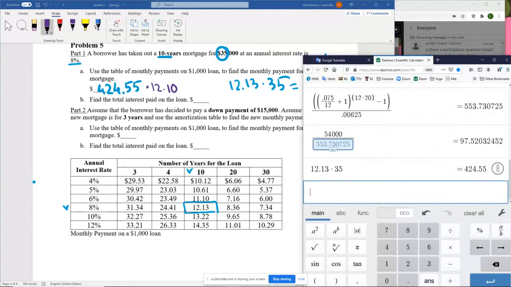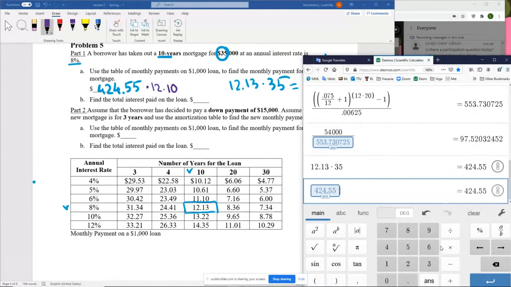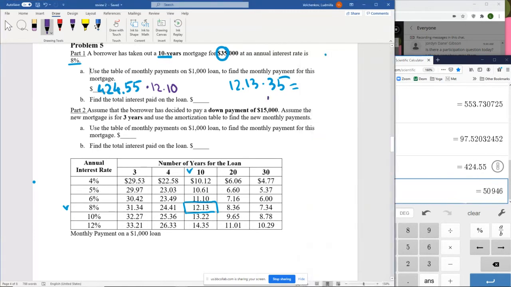So in 10 years, you will pay this times 12 times 10, 50,946.